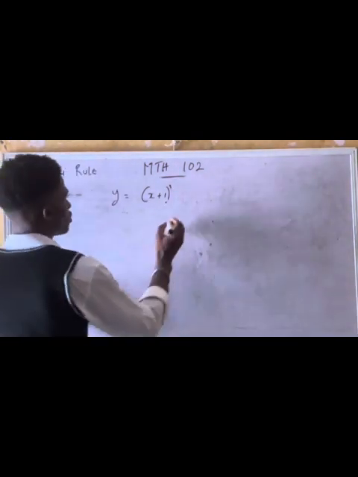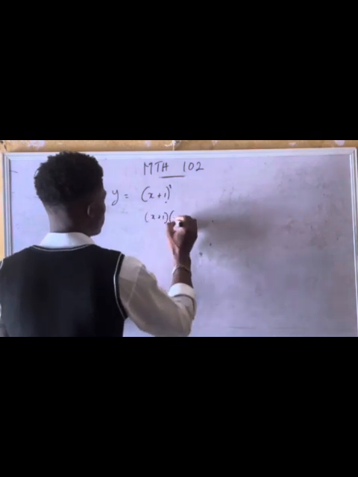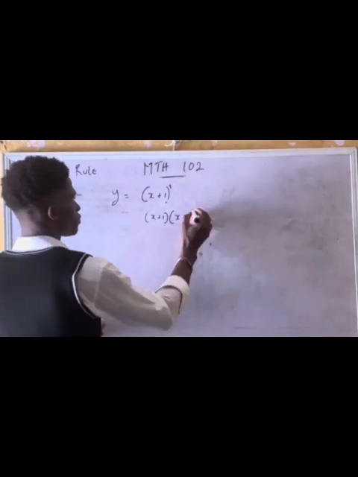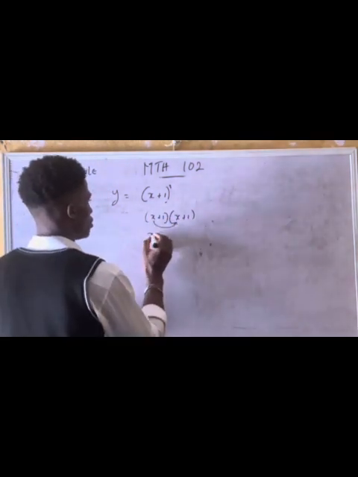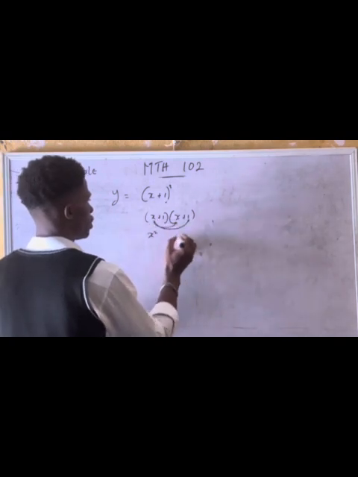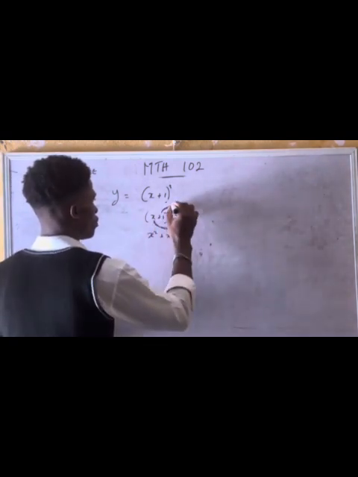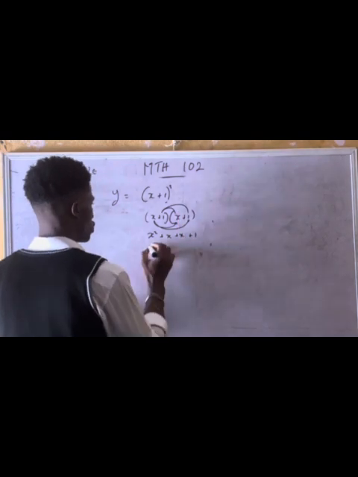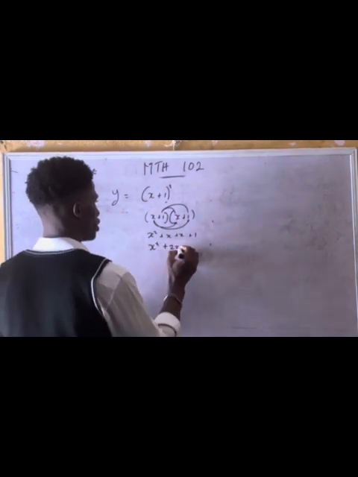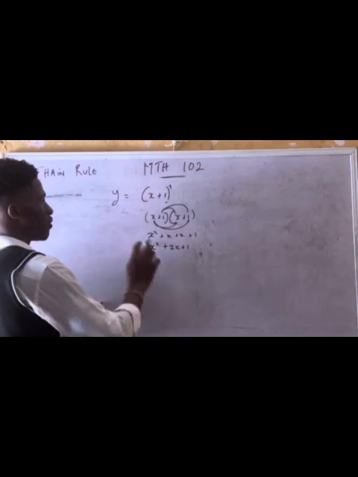Now, let us expand. This is x plus 1, x plus 1. X times x, x squared. X times 1, x. 1 times x, x. 1 times 1, 1. So we have x squared plus 2x plus 1. That is after we have expanded.